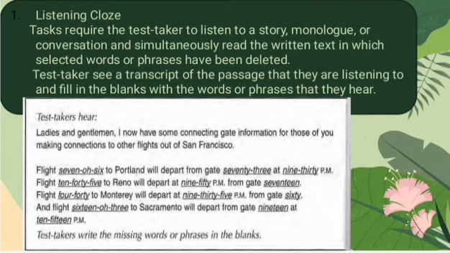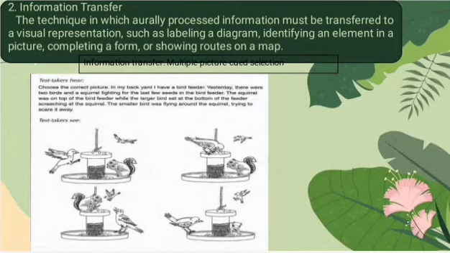Well, let's take a look at the example. The test taker should see or hear the transcript or listen to the story or monologue, something like that, and then the test taker should write the missing words or phrases in the blanks.